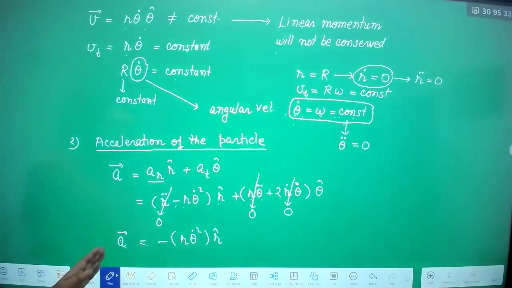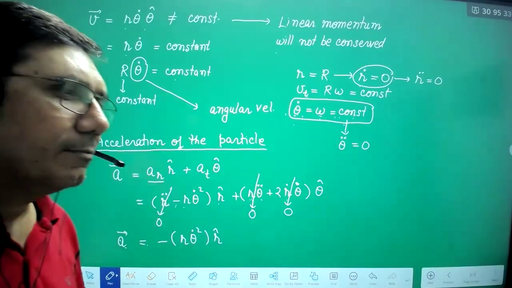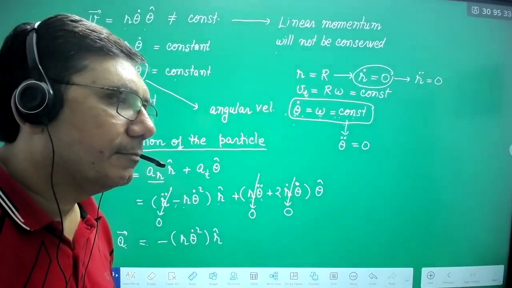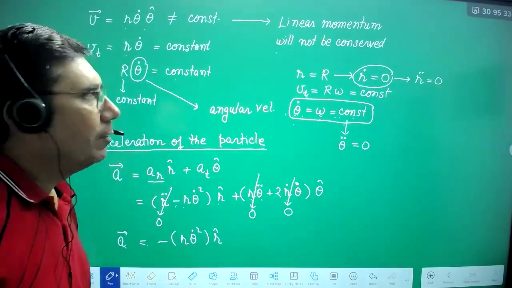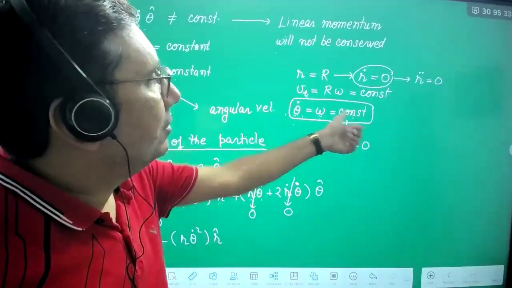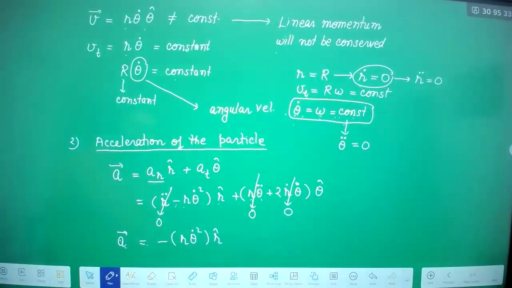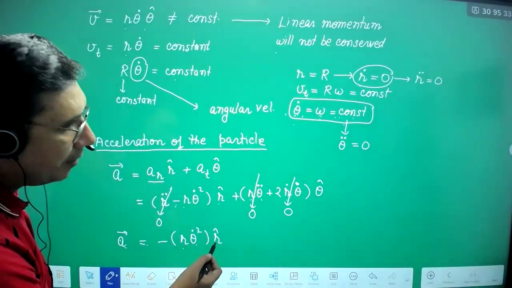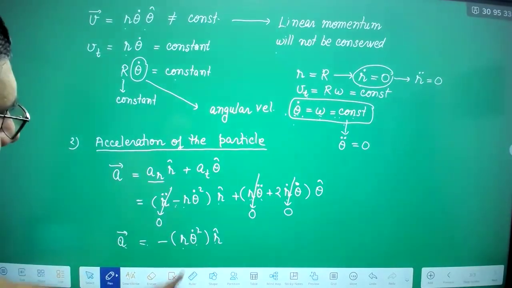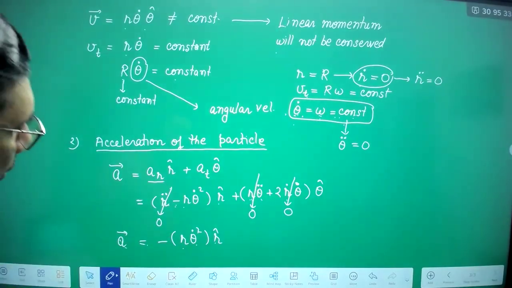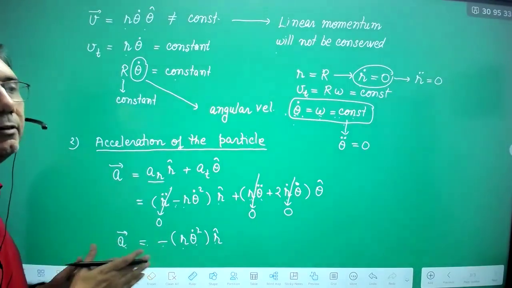Theta dot gives omega, omega is constant, so theta double dot is 0. So this will be minus R theta dot square r cap. Basically only one type of acceleration is there, acting radially inward, and the minus sign represents that.